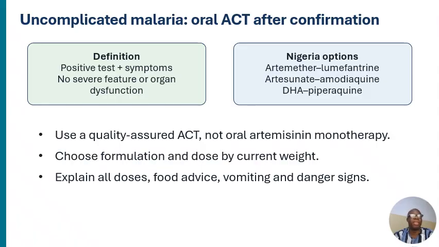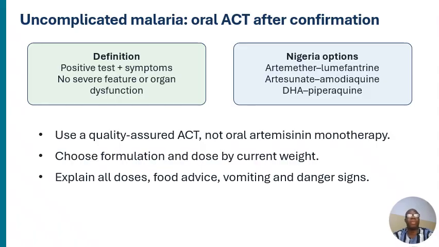In Nigeria, for instance, recommended quality-assured ACT options include artemether-lumefantrine, artesunate-amodiaquine, and dihydroartemisinin-piperaquine, according to current national guideline and available formulation. Do not use oral artemisinin monotherapy because incomplete parasite clearance encourages recrudescence and parasite resistance.